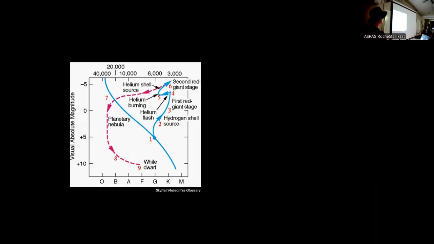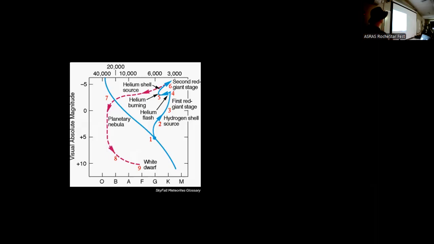That continues until, because of the weight of the star and the heat of the hydrogen burning, the core reaches enough temperature as it continues to shrink and increase in temperature, it begins to be hot enough to burn helium, which we saw was 100 million degrees Kelvin. And this is when the helium flash happens.